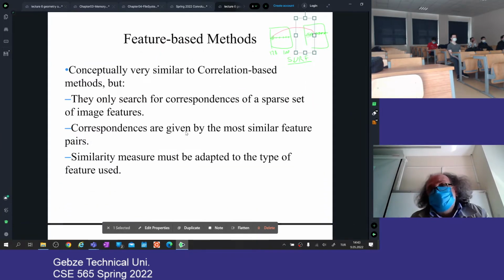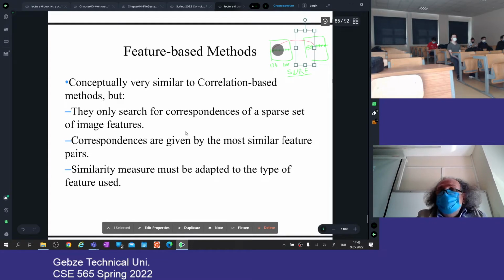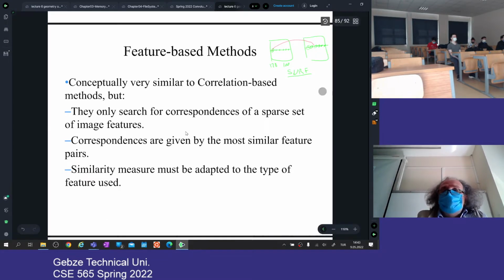And for the feature-based methods, of course, what do we have? For example, if I am running a SIFT keypoint detector, it will give me 6 keypoint descriptors for this line, and I will find the SIFT descriptors for the other line in the other image, and I will try to match those SIFT descriptors, and that will be as easy as that.